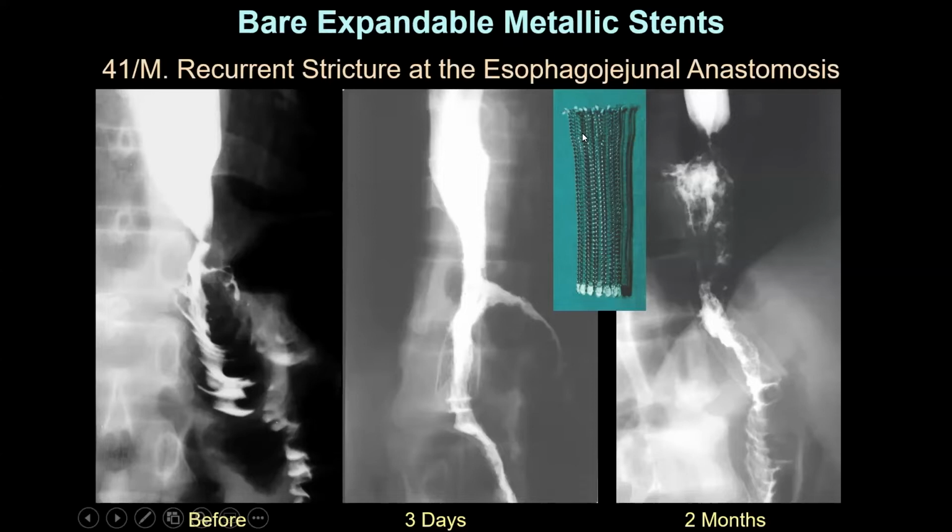So a bare Strecker stent was placed. A 3-day follow-up study shows a good flow of contrast media, but at 2 months, follow-up esophagogram shows severe strictures above and within the stent due to tissue hyperplasia. This is more severe than before balloon dilation.